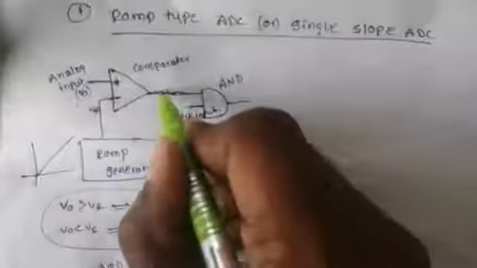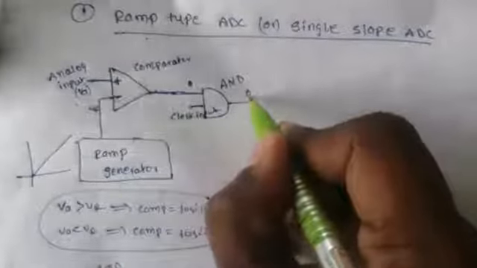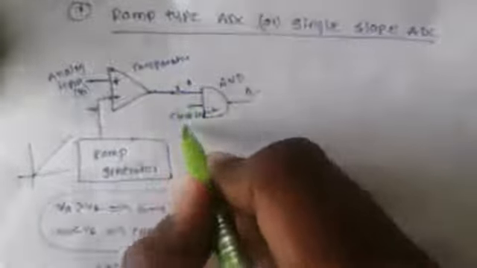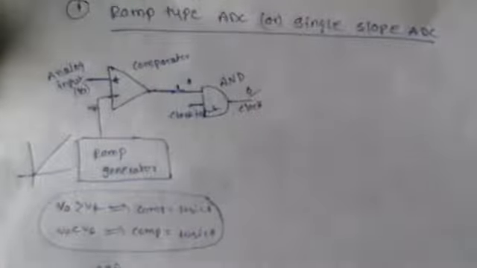So in this logic, if the comparator output is 0, the clock output will be 0. If the comparator output is 1, the clock will be provided as the output. If the clock pulse is low level, output is at low level. If the clock pulse is high level, output is at high level.